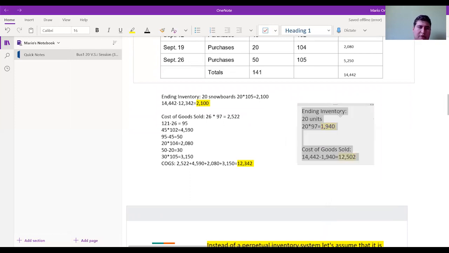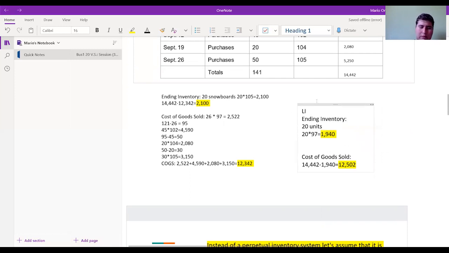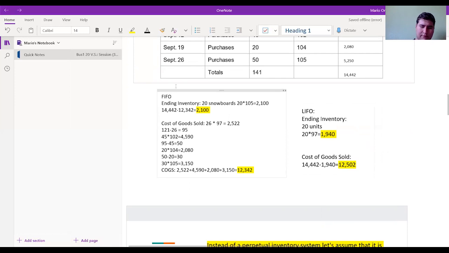So here we have our ending inventory for both LIFO and FIFO. I'll make sure this one says FIFO. There we go. So we have our ending inventory with 1900 here, but 2100 here.